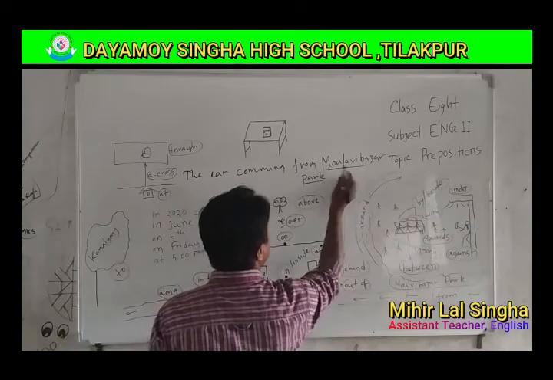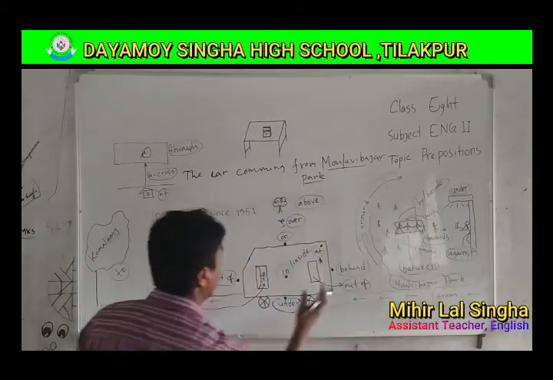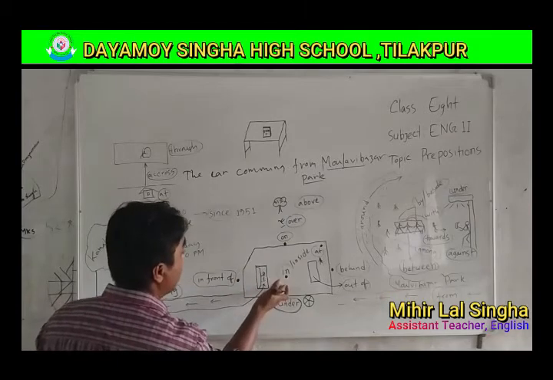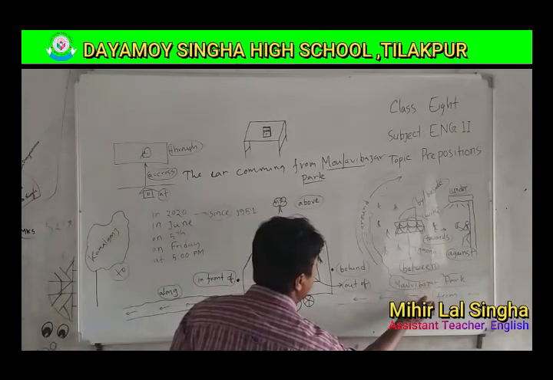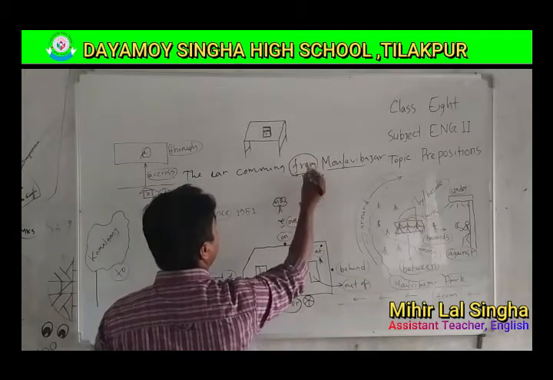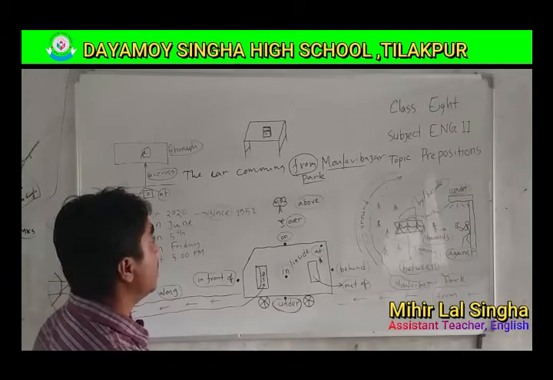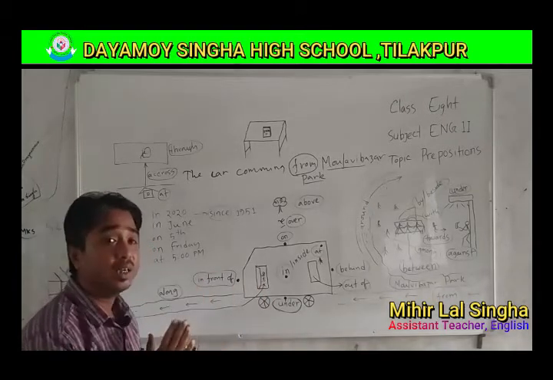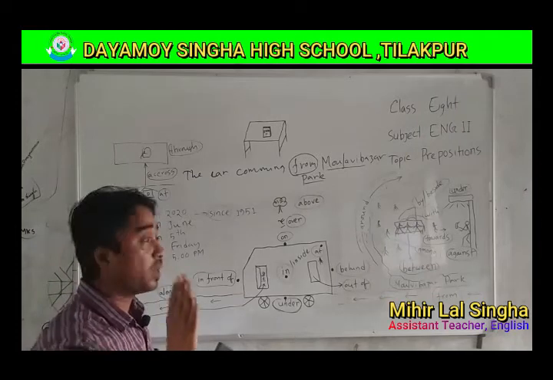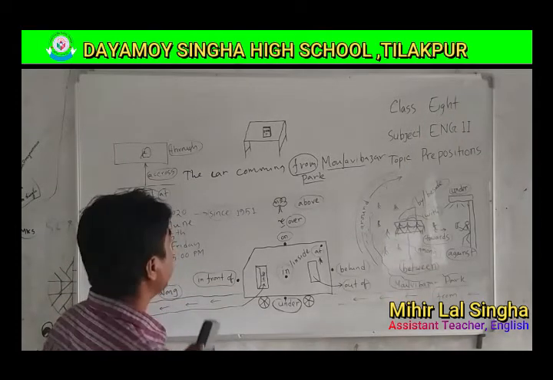So Maulabibazar Park is a noun, and the starting point of the van or car is Maulabibazar Park. So we can use the preposition 'from' before Maulabibazar Park. So that means where the journey starts from, Maulabibazar Park, and before that we have to use the preposition 'from'.